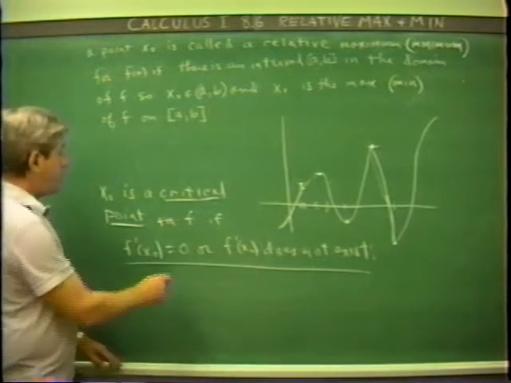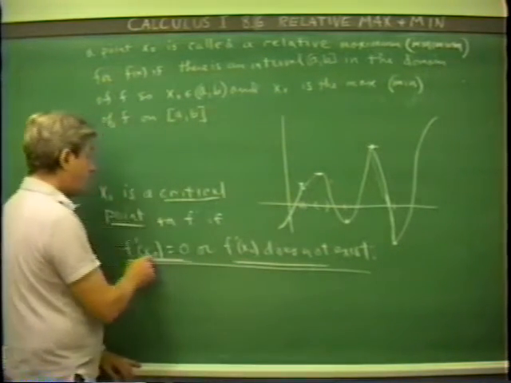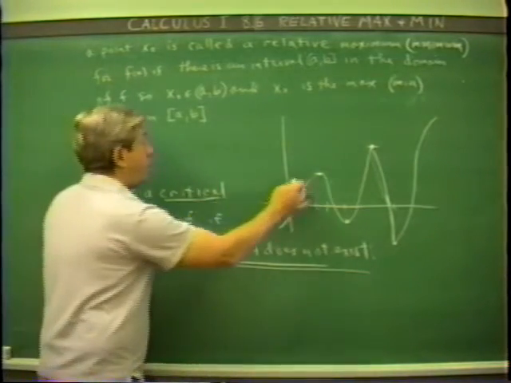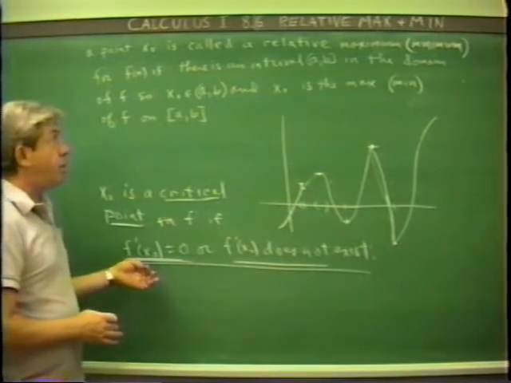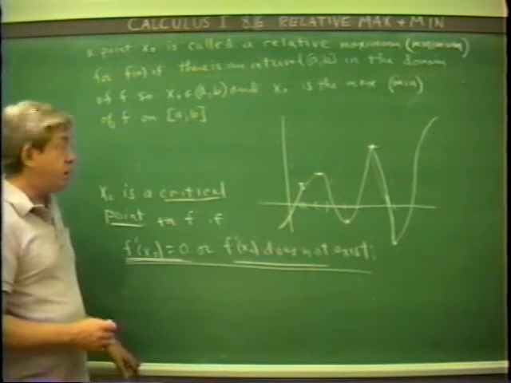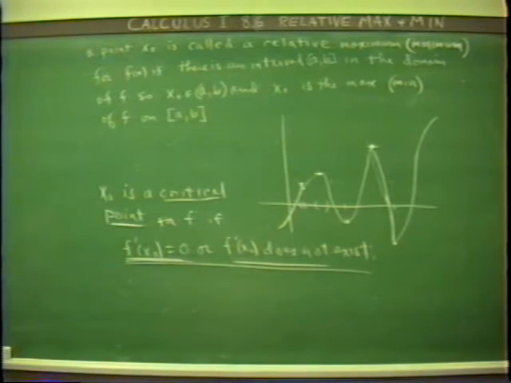So the way to check for these things is to check the derivative, find the places where the derivative doesn't exist, or where it's equal to 0, right? And check to the right and to the left of those to see whether the function is increasing and then decreasing, in which case you've got a relative maximum, or decreasing and then increasing, in which case you've got a relative minimum.